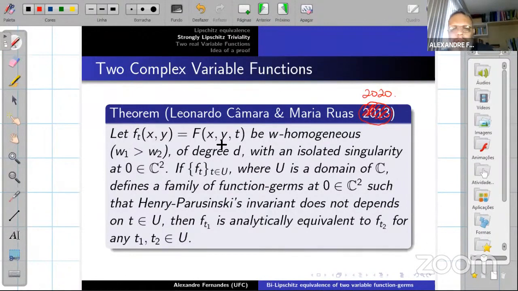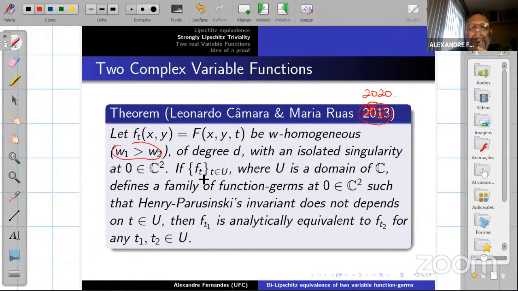The setup is the same. We are in a family of weighted homogeneous polynomials with the same degree, weighted homogeneous but not homogeneous, and with an isolated singularity at the origin.